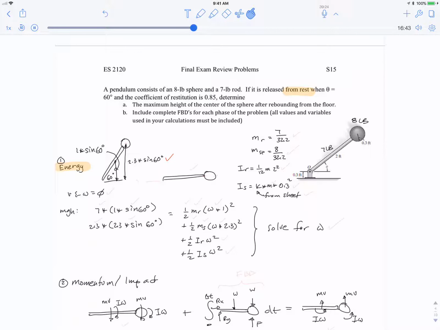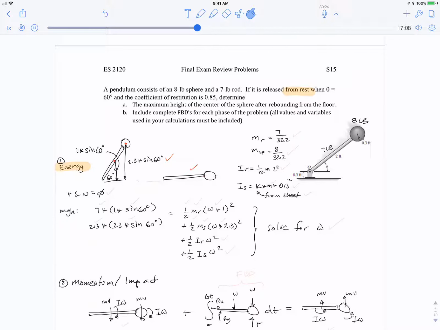The distance from O to the center of gravity of the rod is just 1 foot. And so the height of the rod center of gravity is 1 times sine of 60 degrees. So there's the center of gravity of the rod, and there's the center of gravity of the sphere. Okay, so afterwards, the rod is going to be horizontal.